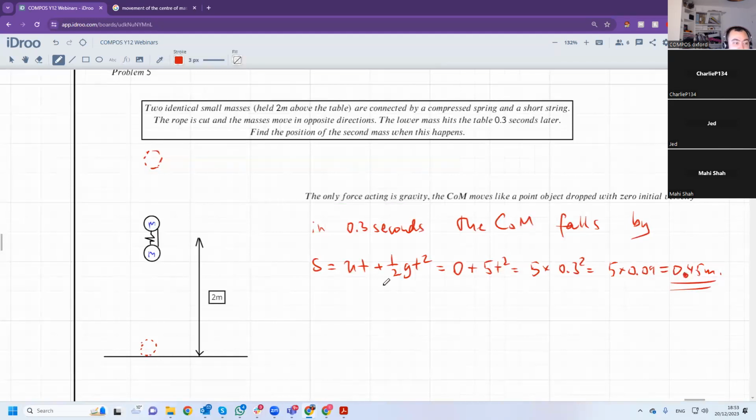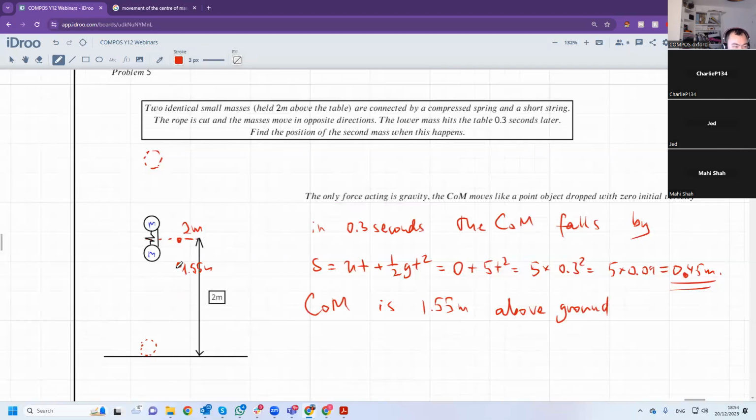Okay, so the center of mass used to be at 2 meters, and now it is at 1.55 meters. So that means the center of mass is 1.55 meters above ground.